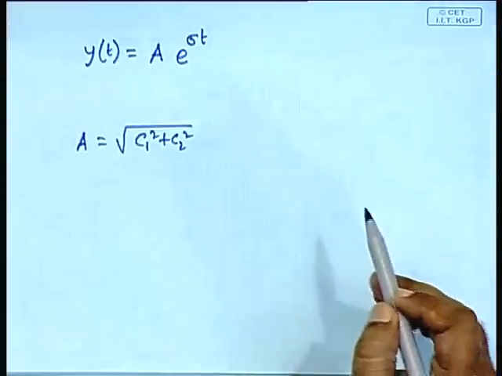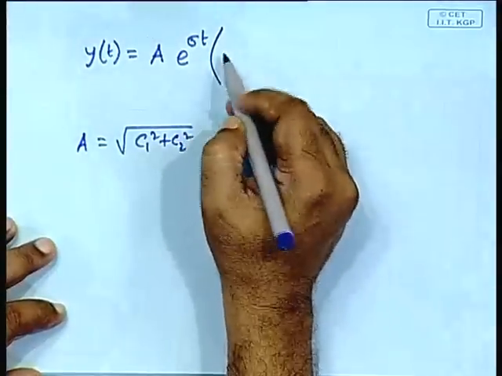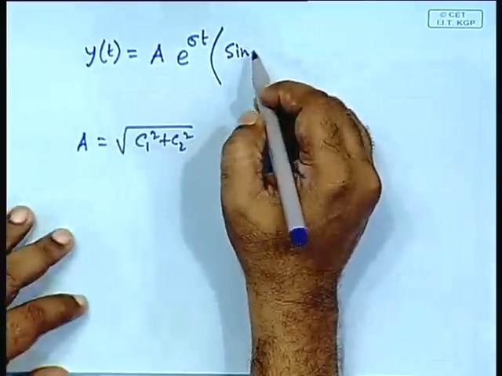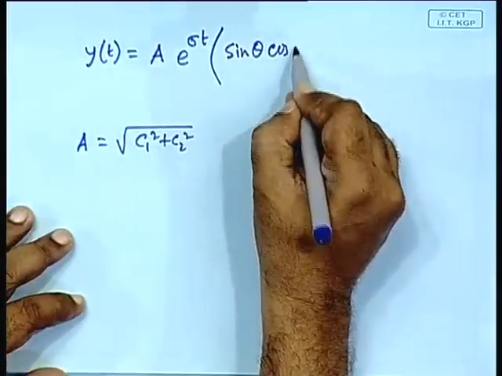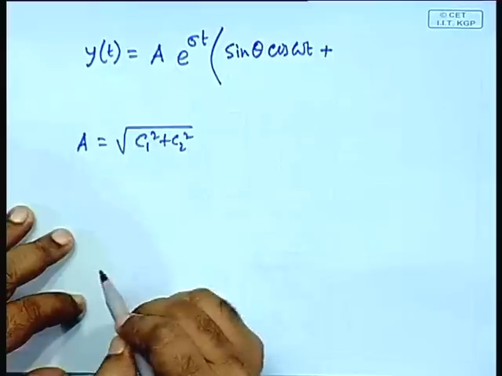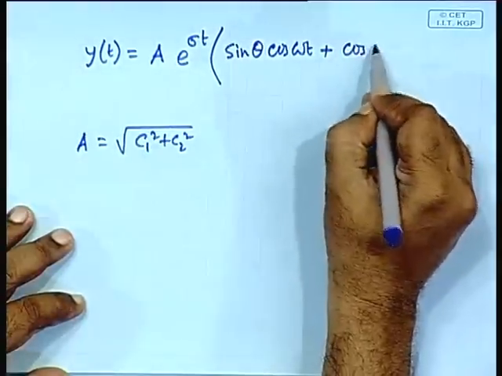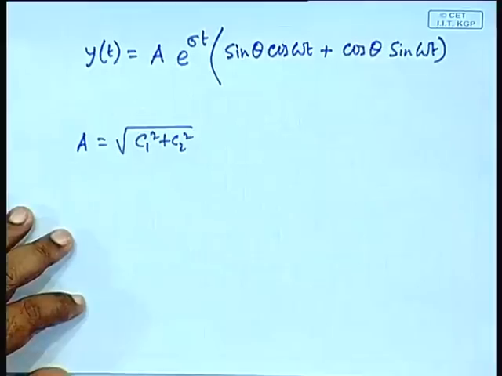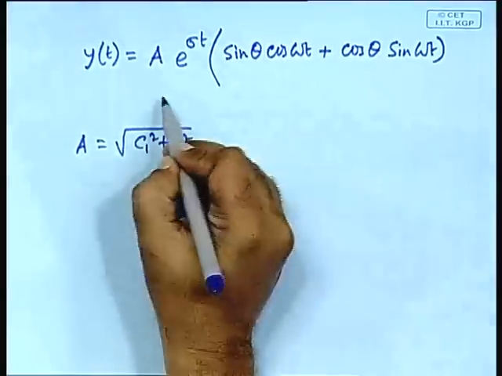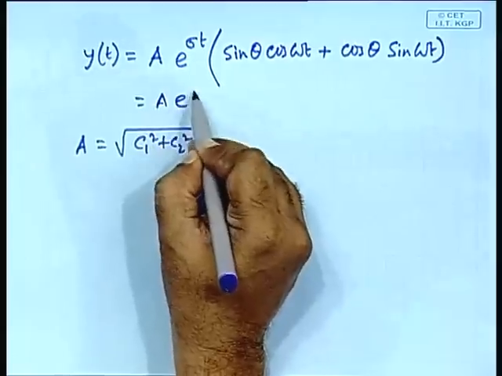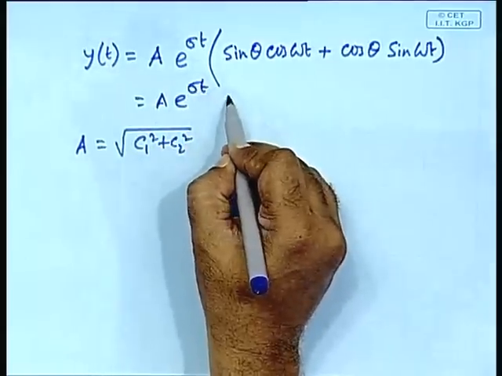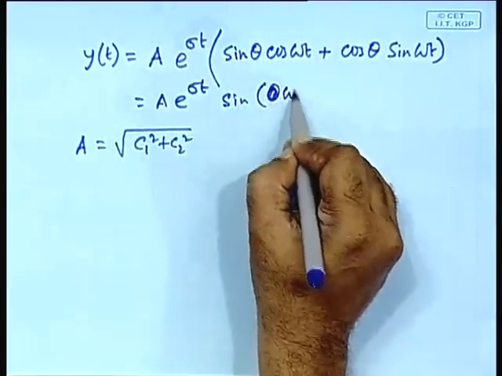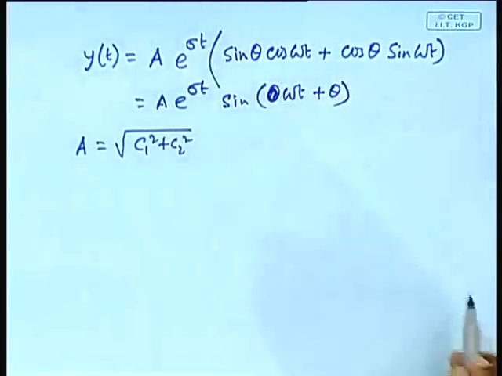Okay, we'll write it like that. So, it will be sin theta cos omega t plus cos theta sin omega t. You can write it like that, which means this is equal to A e to the power sigma t sin omega t plus theta.